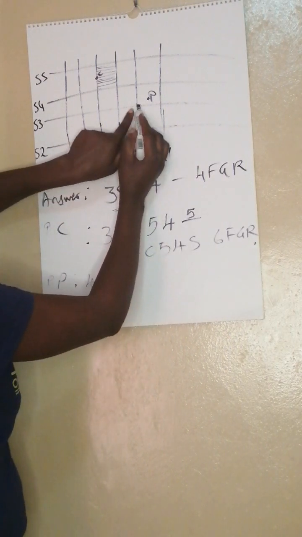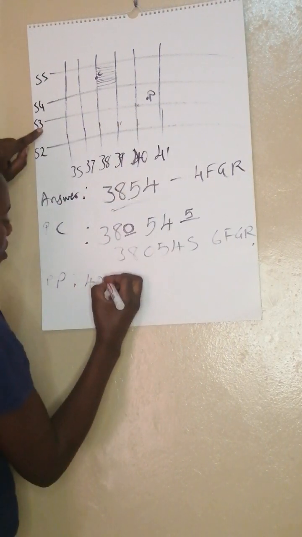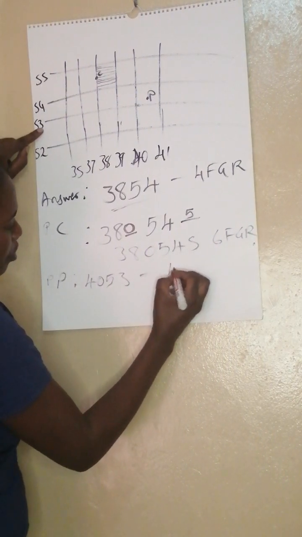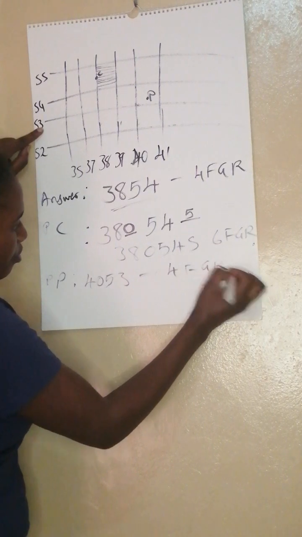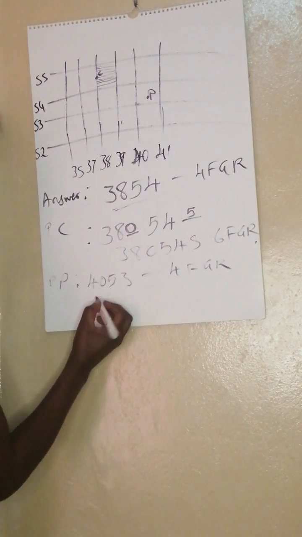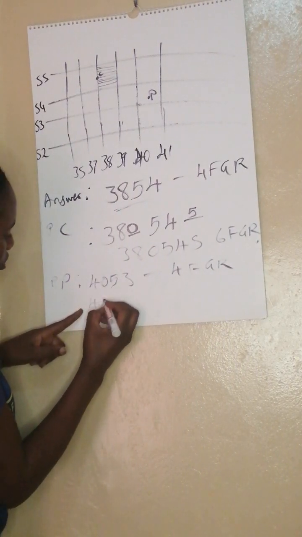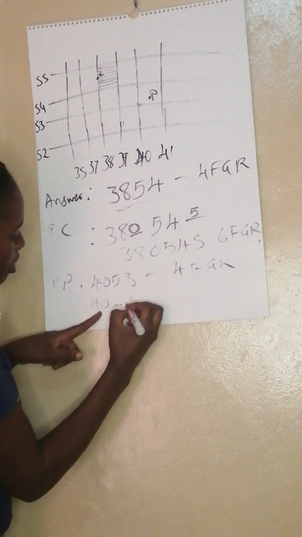Then for northings, we have 53. So this is a 4-figure grid reference. For the 6-figure grid reference, I already have the 4, I need the third one. 53, need the third one.